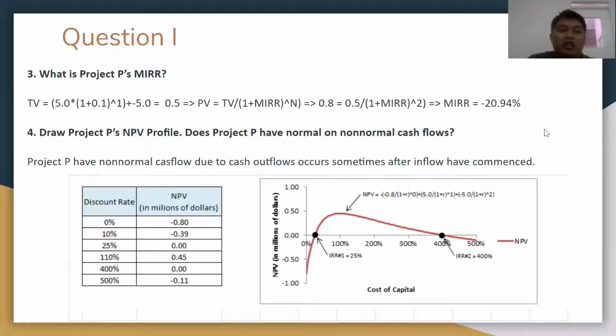And then number 4, draw project P's NPV profile. Does project P have normal cash flow?